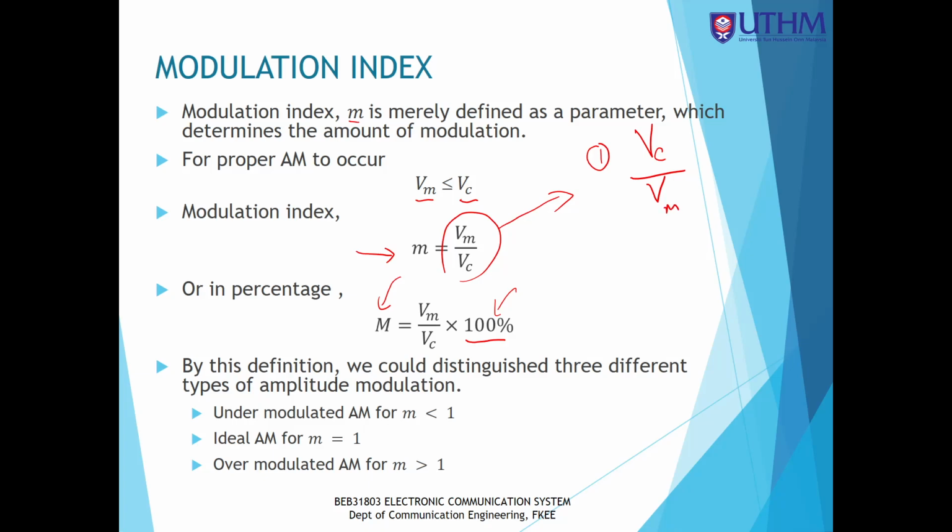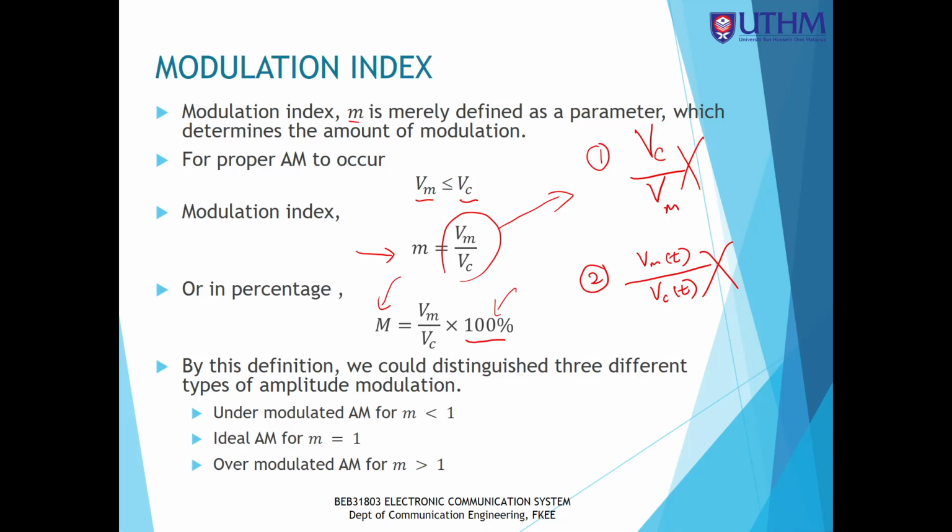This is wrong. Another careless mistake is doing it in terms of functions, for example, Vm(t) divided by Vc(t). This is also wrong. Be careful, both Vm and Vc are the peak amplitudes.